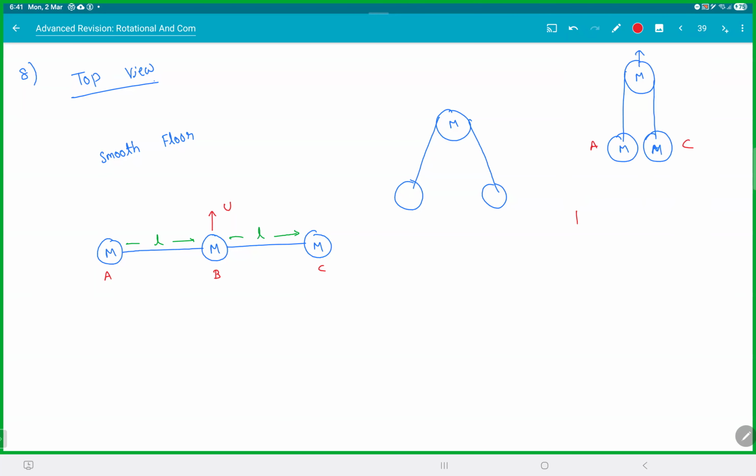Find the tension in the string. So this tension will be T. Find the tension in the string when A and C are about to collide, just before A and C collide.